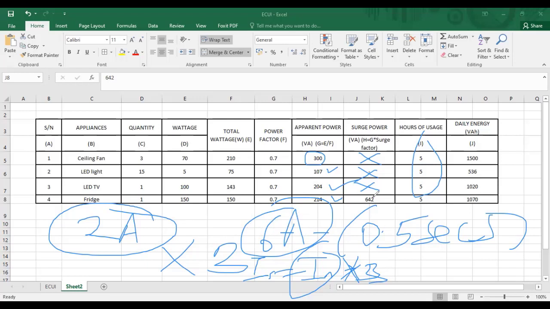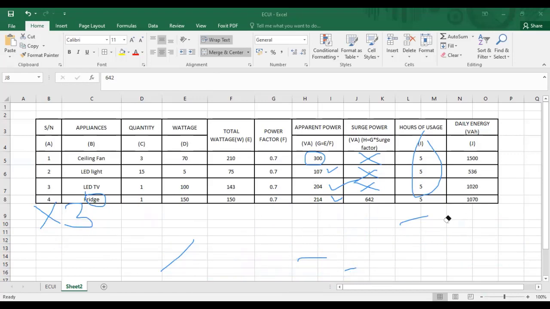So that's the essence of the surge. We are saying that this fridge is taking a surge power of times 3. So if you do 214 multiplied by 3, you'll be having what? 642. That means the surge taken by the fridge is times 3 of the normal power it's supposed to be using.